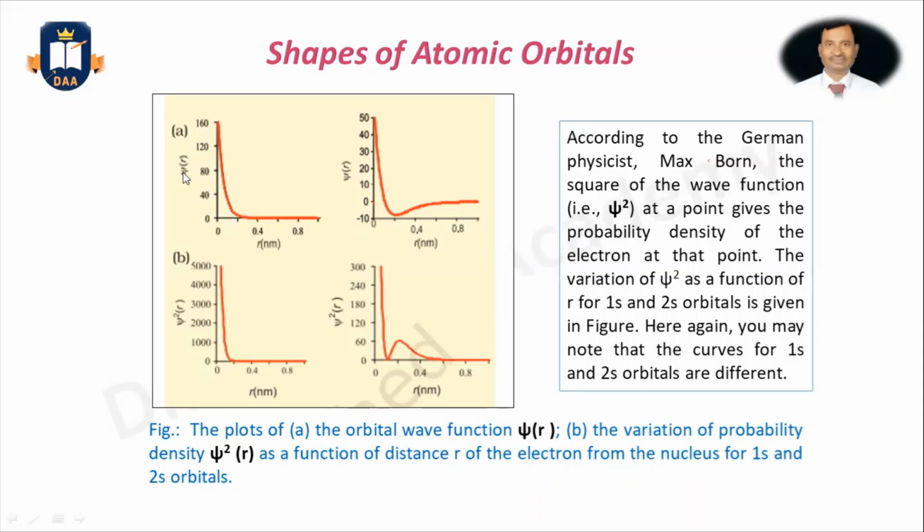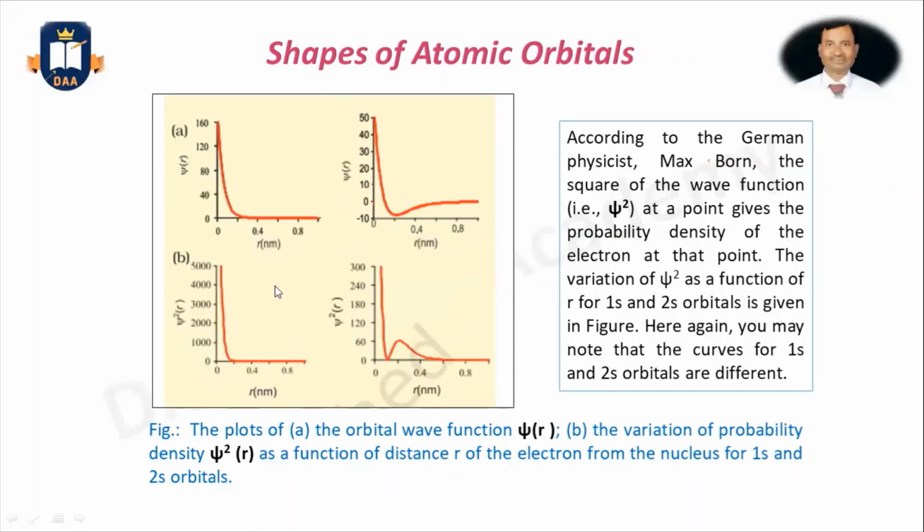So, psi versus r is not that important because psi doesn't have any physical meaning. So, we'll discuss the psi square value. Psi square is the probability density.